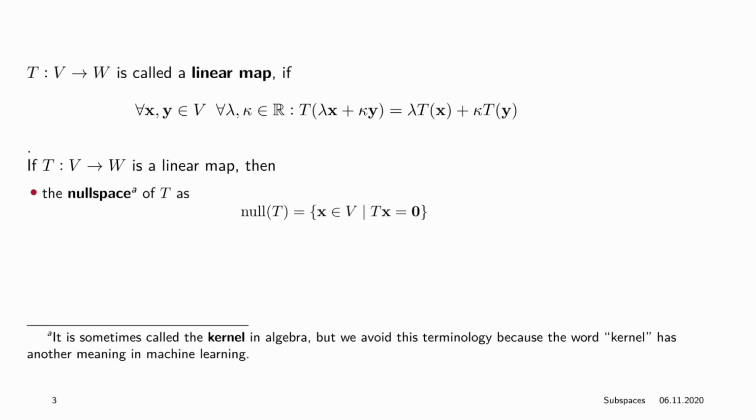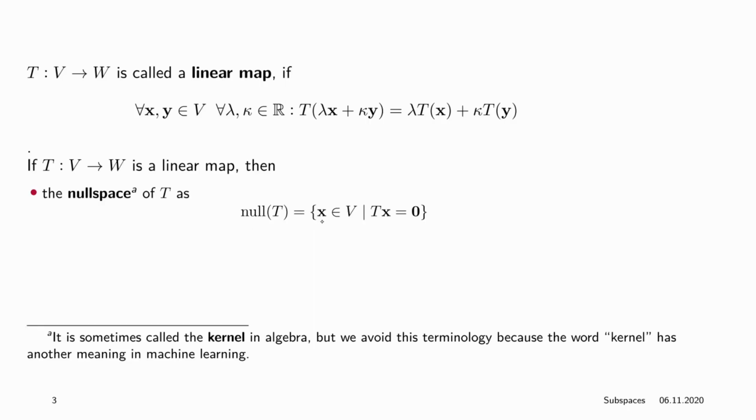If we have such a linear map T, then this induces two important subspaces. The first one is the null space of T. It's defined as the set of all vectors in V with the property that T applied to these vectors equals 0.